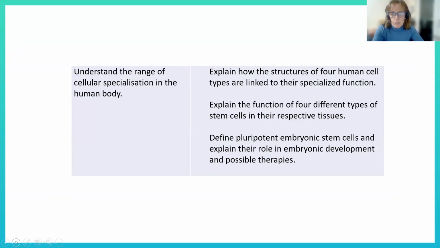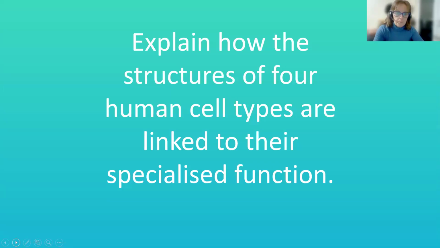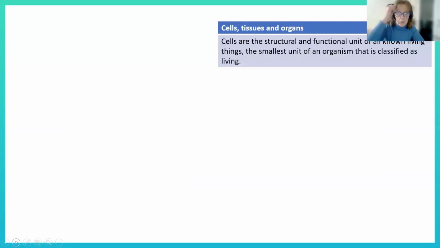We're going to have a look at 4 different tissue types as well, which are basically made up of these specialized cells. And then, depending on how we get on for time, we might move on to have a look at stem cells as well. We'll see how we get on. So explain how the structures of the 4 human cell types are linked to their specialized function. That's what we're up to today.